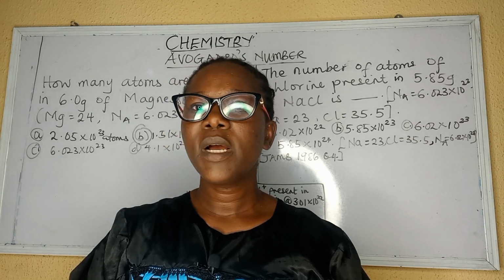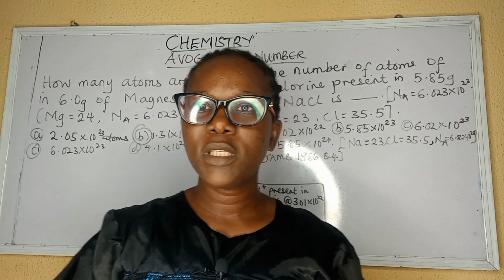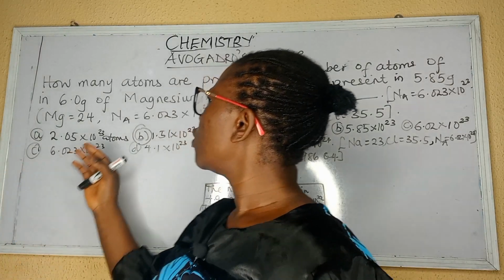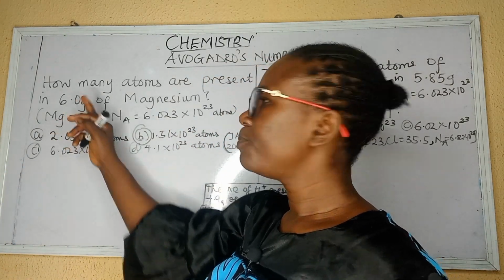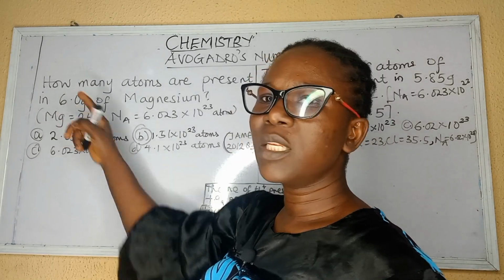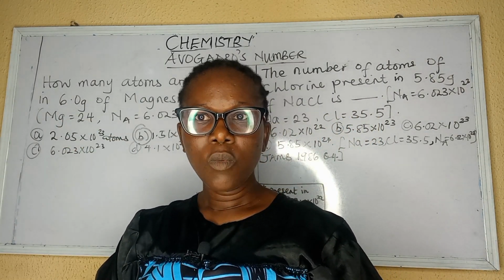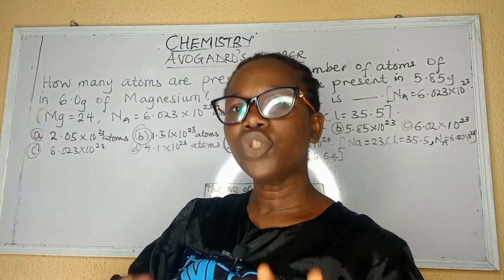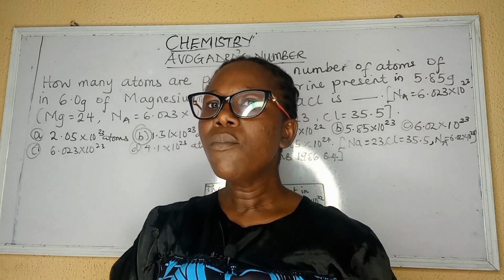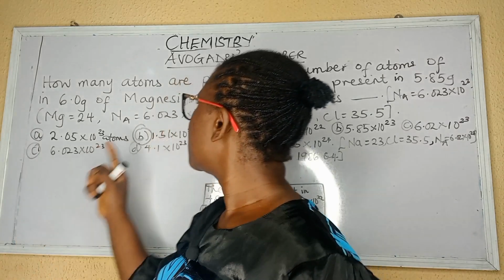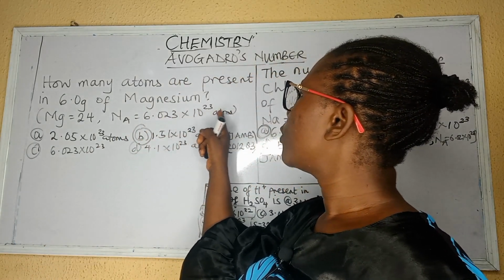And Avogadro's number is a constant that is given as 6.023 times 10 raised to the power 23. But this question is not in mole, it is in gram. You have to calculate the number of atoms in 6 grams. So we need to convert the mole to gram, because 1 mole of any element contains 1 Avogadro's number, which is 6.023 times 10 raised to the power 23.